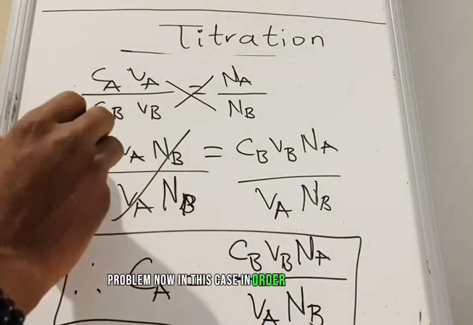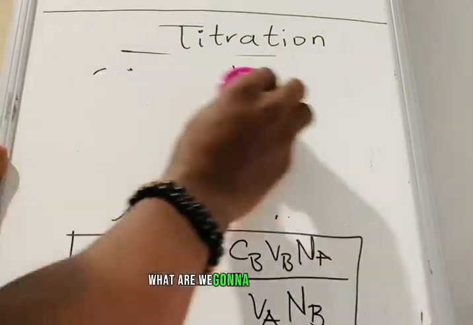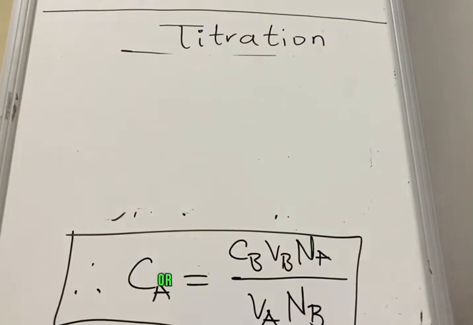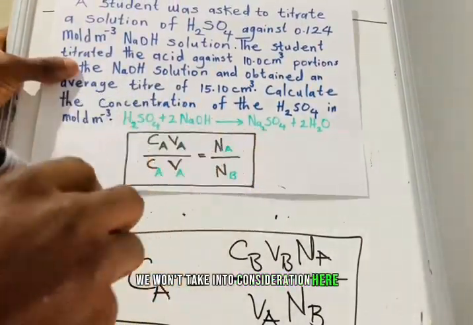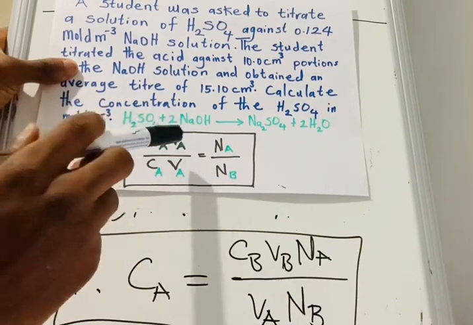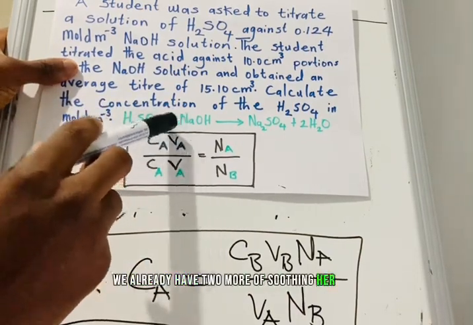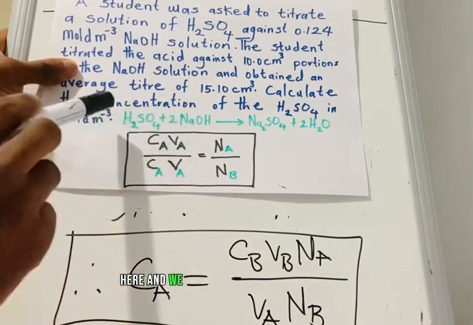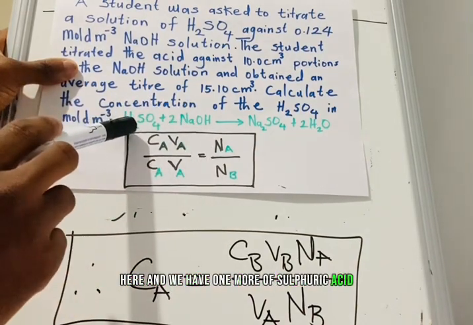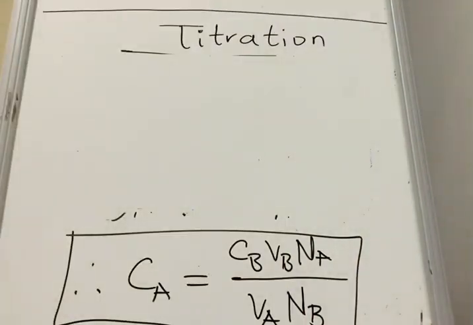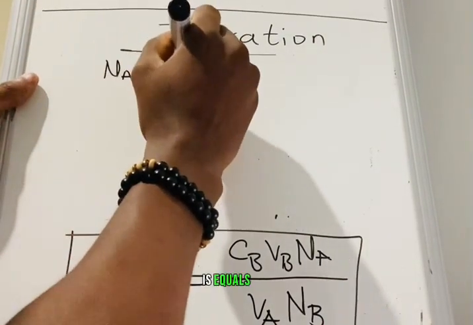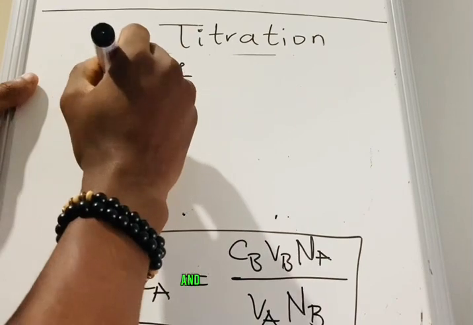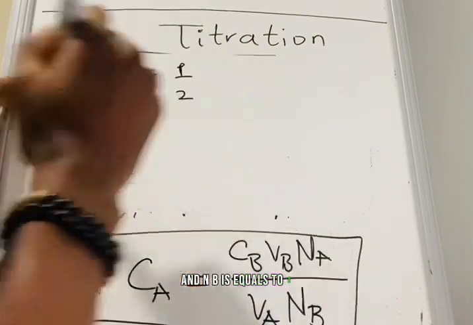Now, in order for us to solve, what are we going to do? Observing this reaction here, we're going to take into consideration that we have 2 moles of sodium hydroxide and 1 mole of sulfuric acid. Take note of this. So I'm going to write up here that NA is equal to 1 and NB is equal to 2.